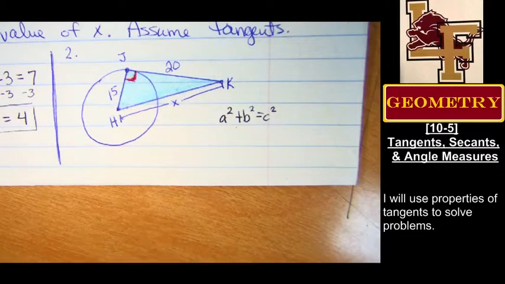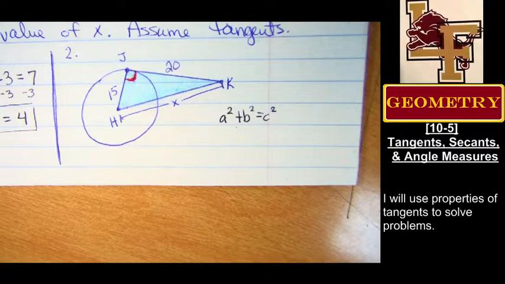For trigonometry, we have to know something about those acute angles, the ones that aren't the 90. Do we know anything about those angles? No, so we can't use trigonometry. Let's check to see if this is a special right triangle. We have two kinds: the 45, 45, 90 and the 30, 60, 90. For the 30, 60, 90, we have to know that the angles measure 30 and 60 and 90.